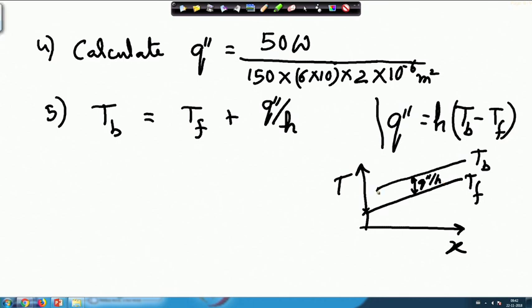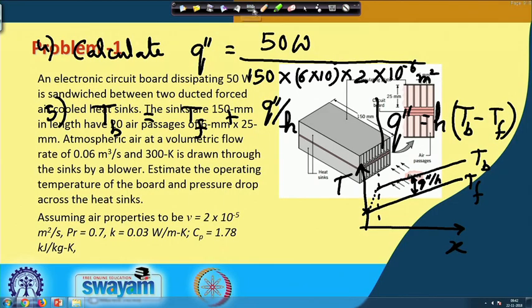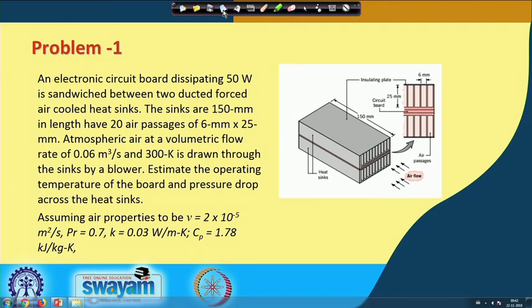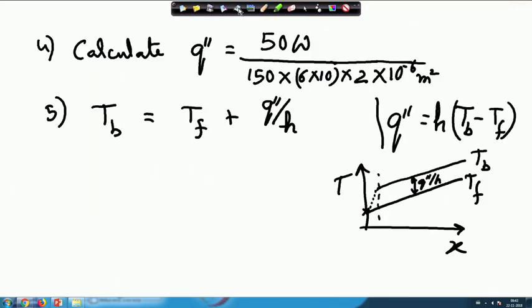What happens is at the beginning there is something called a developing length, but let us forget all that, this is all fully developed flow. Okay. So, the inlet temperature is given to me as 300 K, but the maximum temperature of the board will be at the exit. So, therefore, T f exit, what is that going to be?